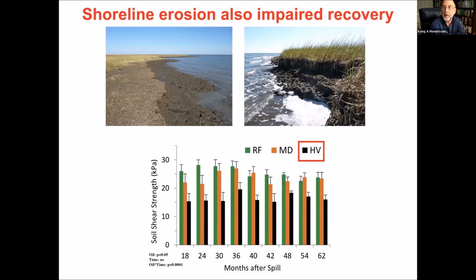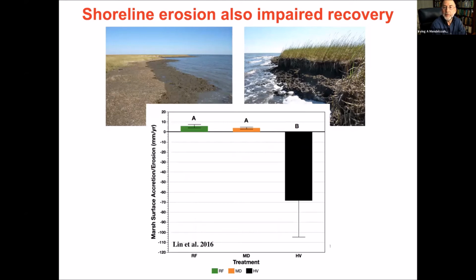Those are the black bars, but not moderately oiled, the yellow bars. This resulted in significantly more surface erosion at heavily oiled sites. And marsh surface erosion can, of course, contribute to shoreline retreat.